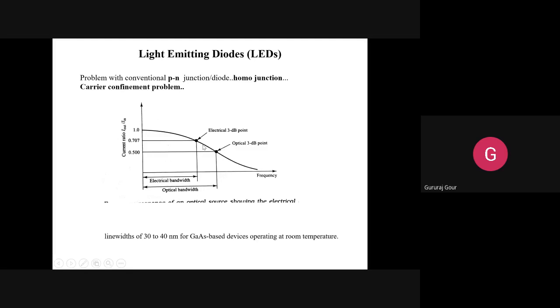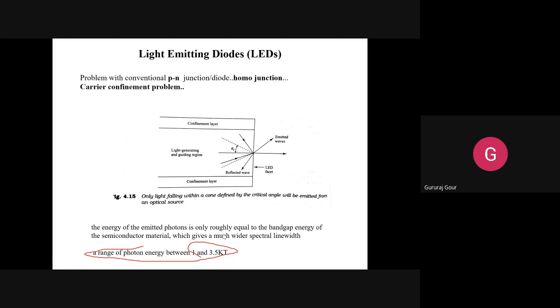Electrical bandwidth is exactly 0.707, that is, minus 3 dB, it is falling, but optical bandwidth is because of the photons. So the energy we are getting from these emitted photons, so emitted photons, not the photons residing in the LED. Try to make the point clear here.